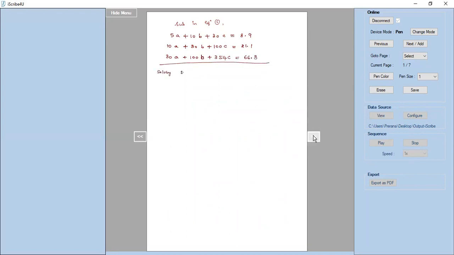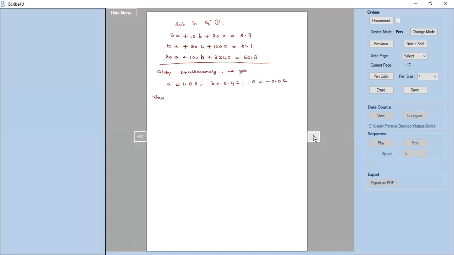Solving simultaneously, we get constants A, B, C values. So A we obtain as 1.08, B is 0.42, C is minus 0.02.